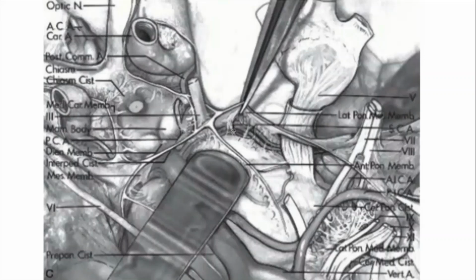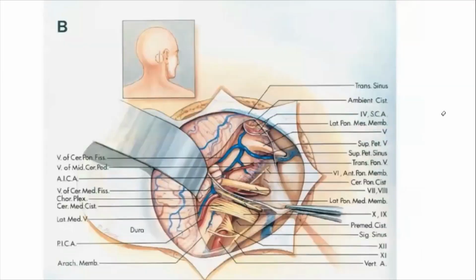Superiorly to the prepontine cerebellopontine cistern is the superior cerebellar artery, which divides into the rostral as well as the caudal trunk. This superior cerebellar artery can divide either in the prepontine or in the cerebellopontine cistern. As we go laterally, this cerebellopontine cistern communicates at the level of the cerebellomedullary fissure.